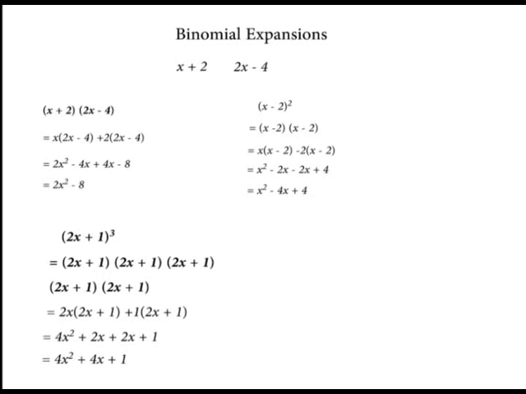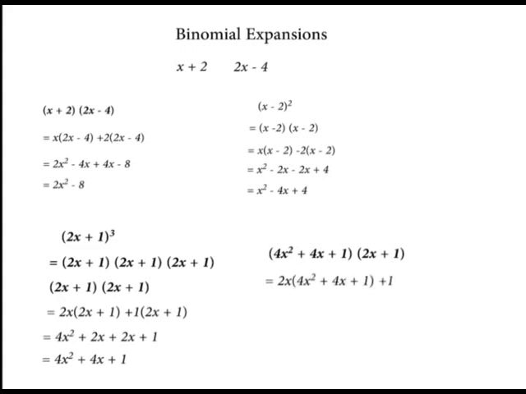Now we multiply this result with the last bracket. That is 4x squared plus 4x plus 1 times 2x plus 1. It's simple to multiply the second bracket with the first one. So we shall have 2x times 4x squared plus 4x plus 1.